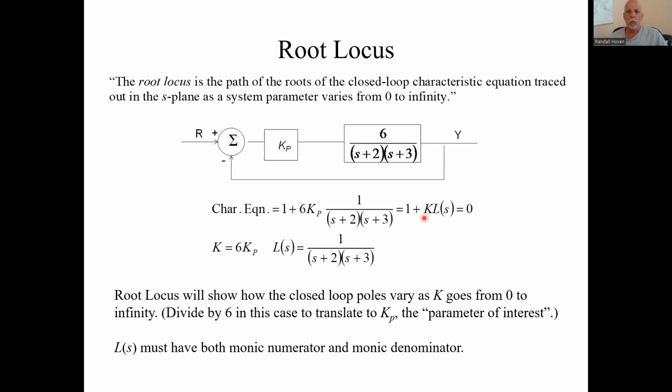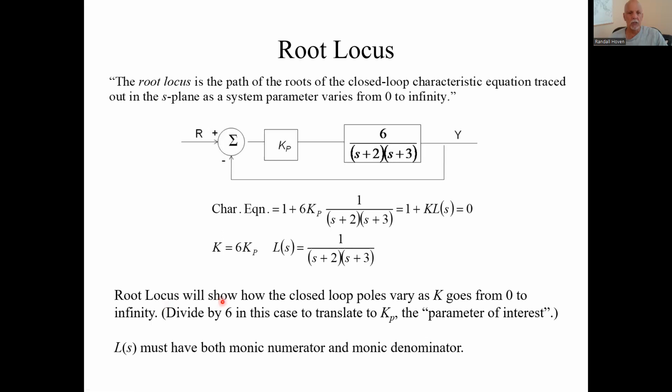And I want that to equal this thing, with this K times an L of S, where this L has monic numerator and denominator. Well, if I make K equal to 6 K sub P, this part's monic, right? So my root locus K is 6 K sub P. K sub P is really my parameter of real interest. And the L of S is this part.